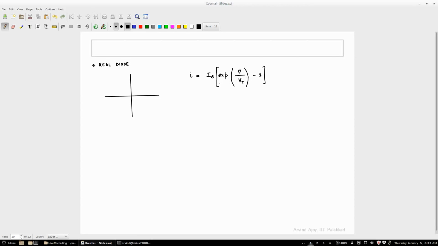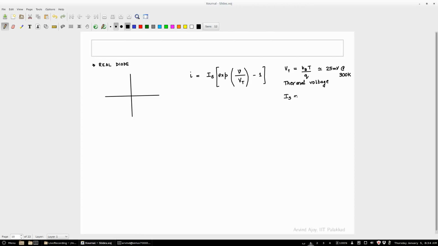Does the minus 1 come inside the exponent or outside? What is Vt? Vt is your Boltzmann constant times temperature divided by electric charge, right? And this is approximately 25 millivolts at 300 Kelvin.